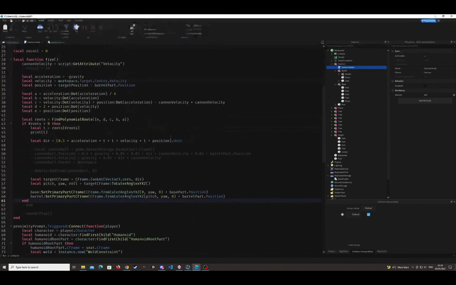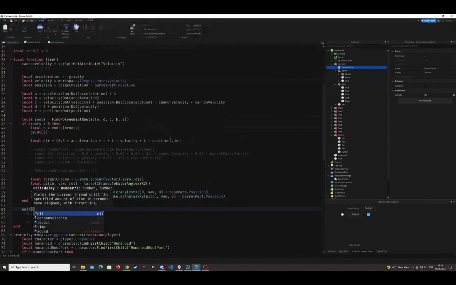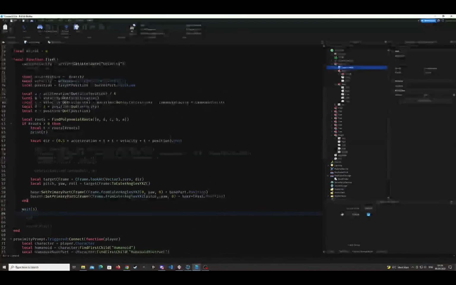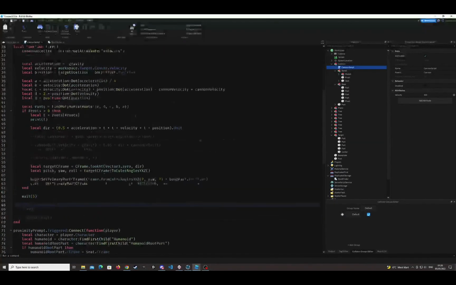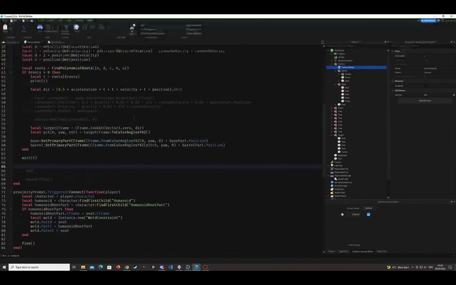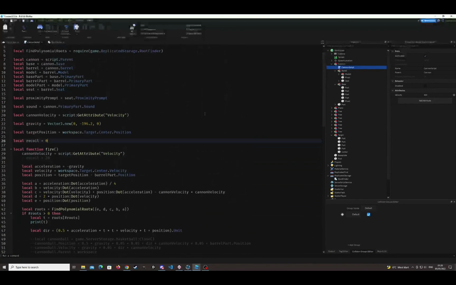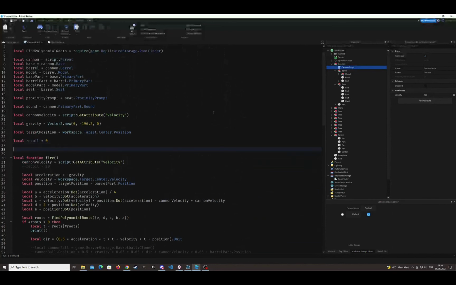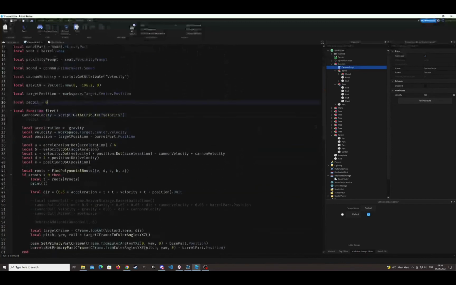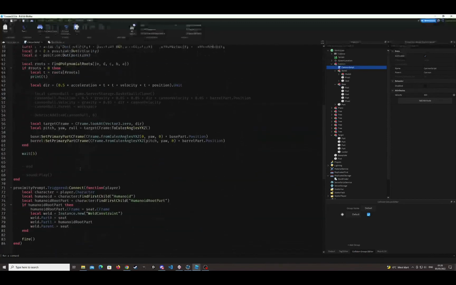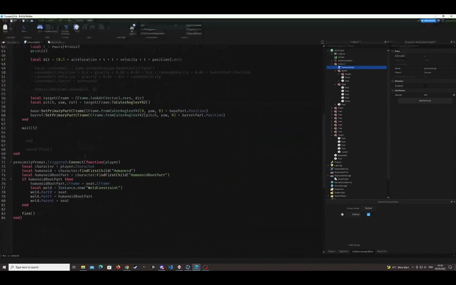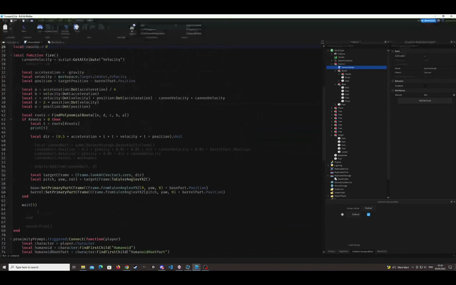All right, so let's just wait for 5 seconds, and then we're gonna apply a velocity. Also, this code is not very clean, but I might actually want to destroy, or actually, you know what?